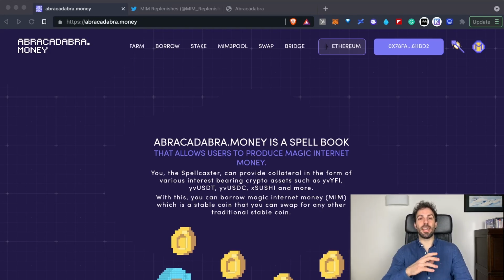Today we are going to talk about Abracadabra Money. This is a platform that allows you to leverage and earn even more passive income on your own assets. More specifically, the assets allowed on the platform are interest-bearing assets. It means you can use every kind of supported asset that is already producing some interest.